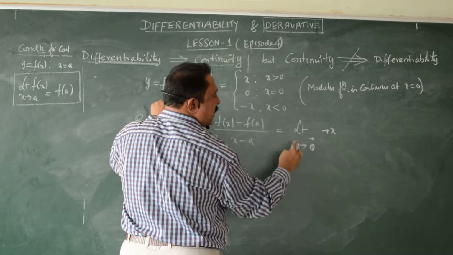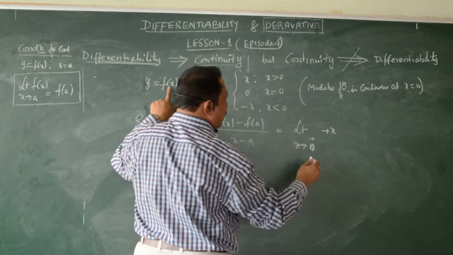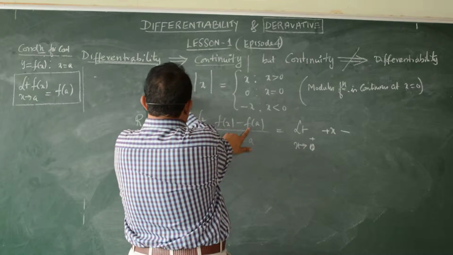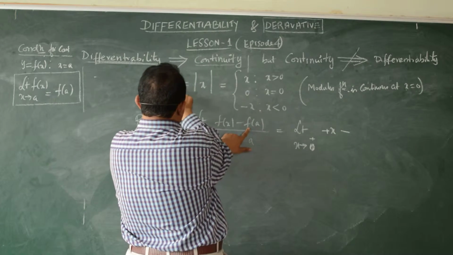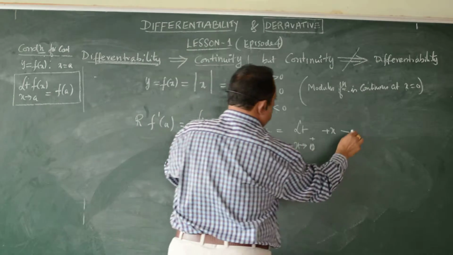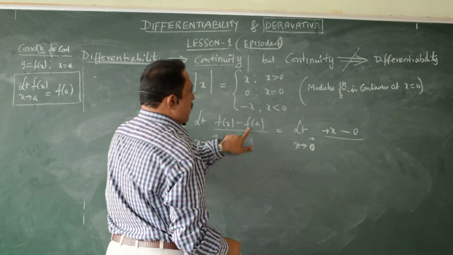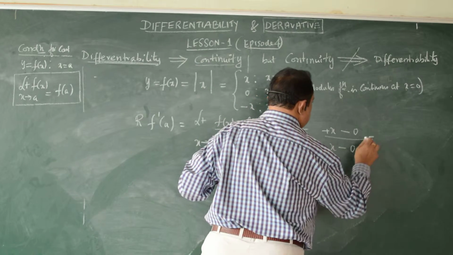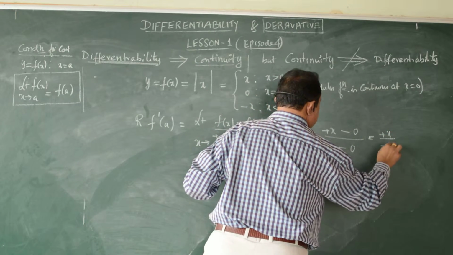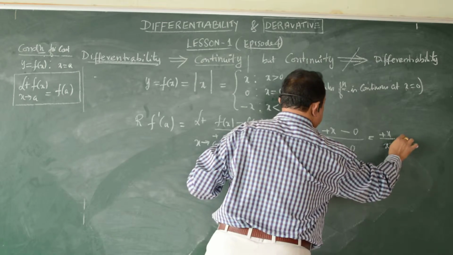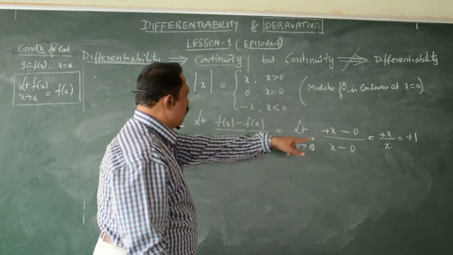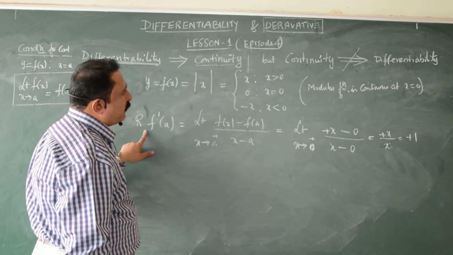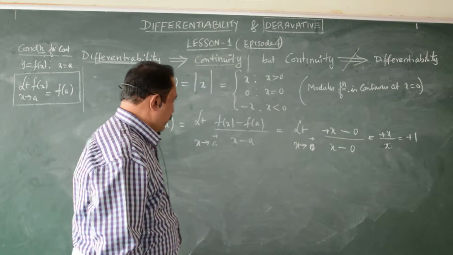What is the value of f of 0? f of 0 is 0, divided by x minus a, that is x minus 0, that is plus x by x, which is equal to plus 1. This is the value of the right hand derivative of the modulus function at the point x equals 0.